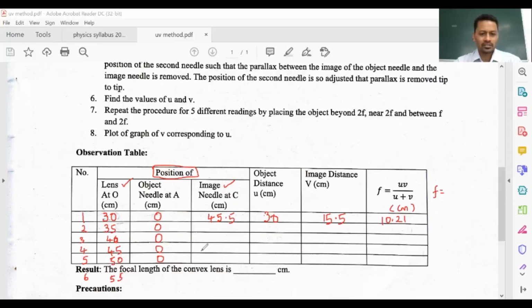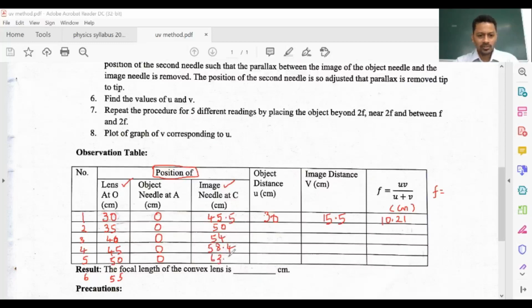So when we did this experiment, we got these values: the position of the image needle will be at 50, this will be at 54. These readings I got are approximated readings.